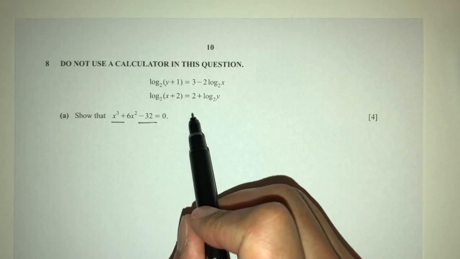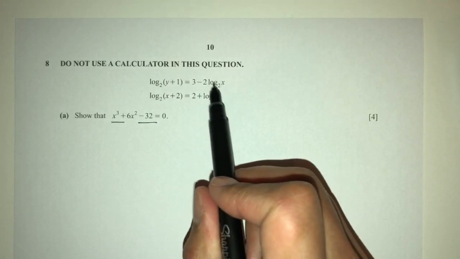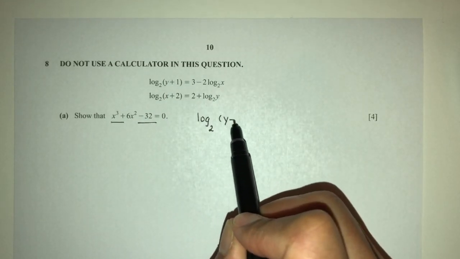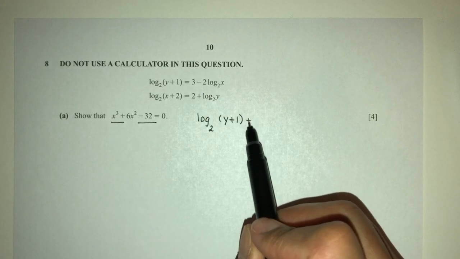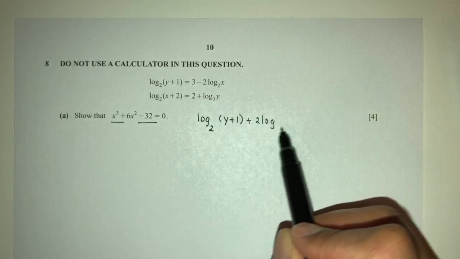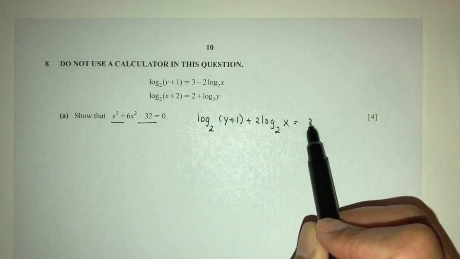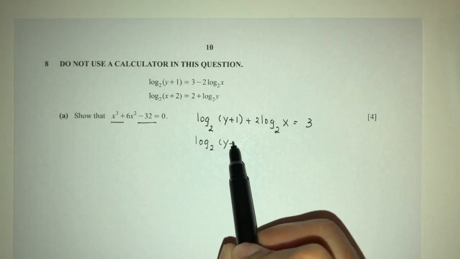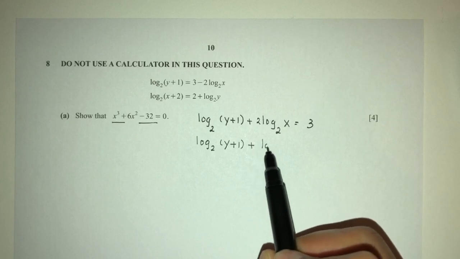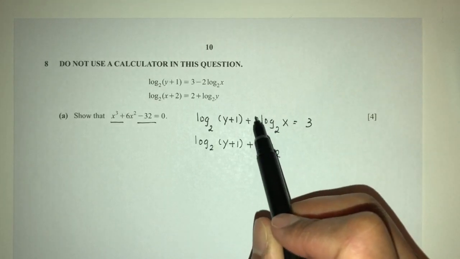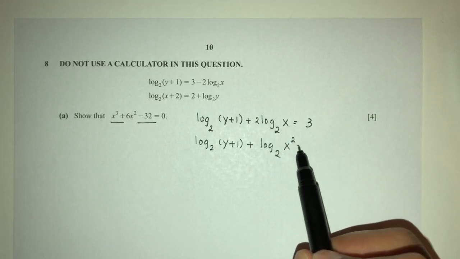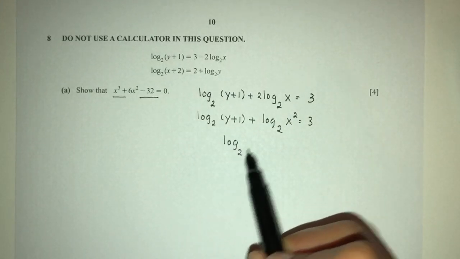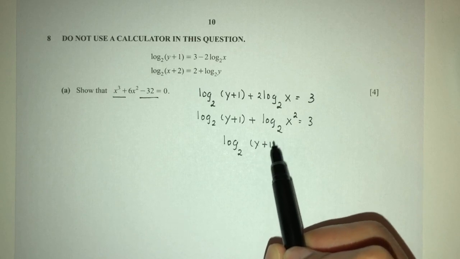So we have log 2. Let's send this one over here. You will have log 2 of y plus 1, plus 2 log 2 of x is 3. Simplify, you have log 2 of x plus 1 plus log 2. Now we can send this up here, it becomes x power 2. Now simplify, that will become log 2 of x squared times y plus 1.